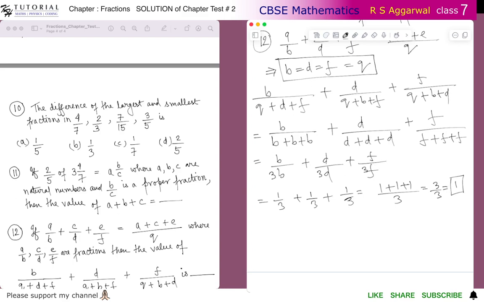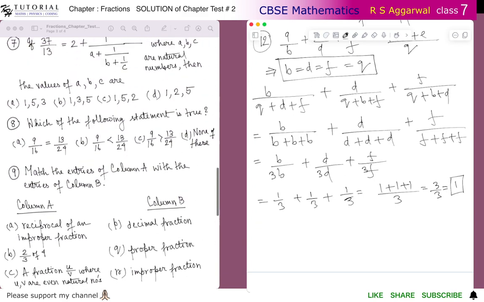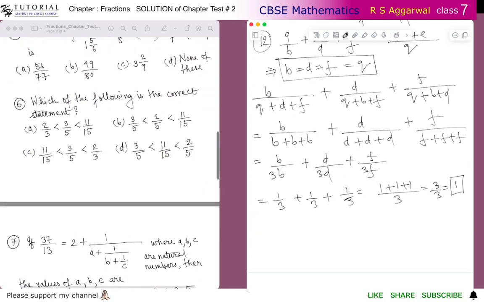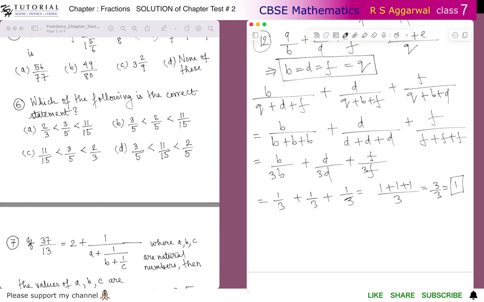And question number 6, I think I took from some competition or other book and incorrectly copied the question, so that's my mistake. So that was the solution of chapter test number 2.